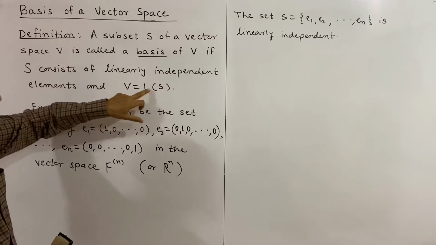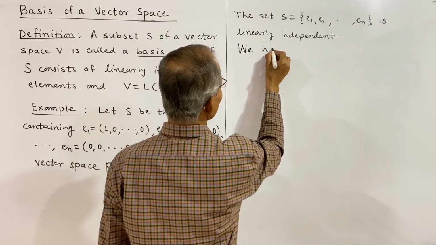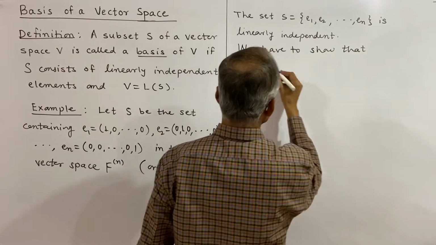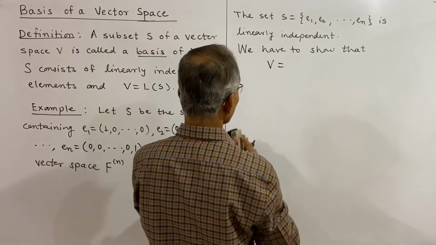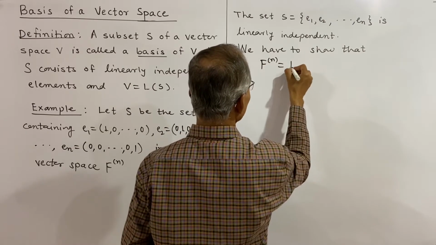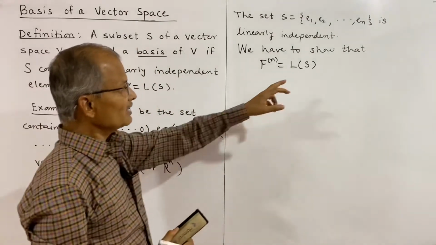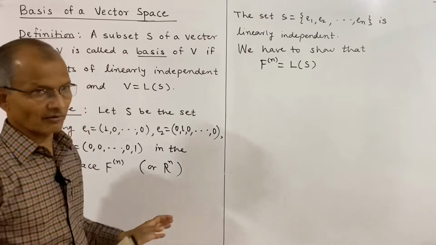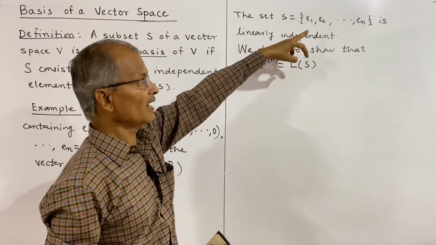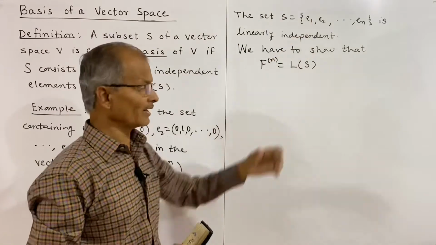What is the second condition? V is equal to L of S. Here V is Fn, the n dimensional vector space, and we have to show that it is equal to L of S. To show this equality, we know the linear span is always contained in the entire vector space, because the linear span contains the linear combinations of these vectors, and these are vectors in Fn, and therefore its linear span is in Fn.